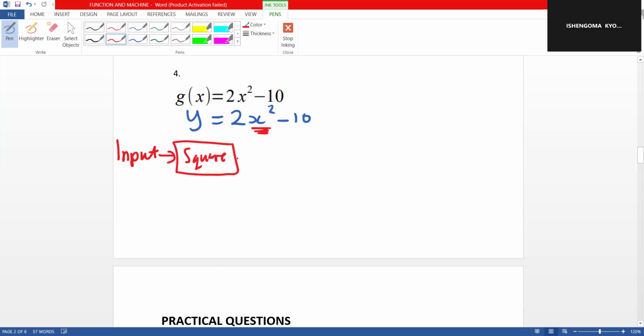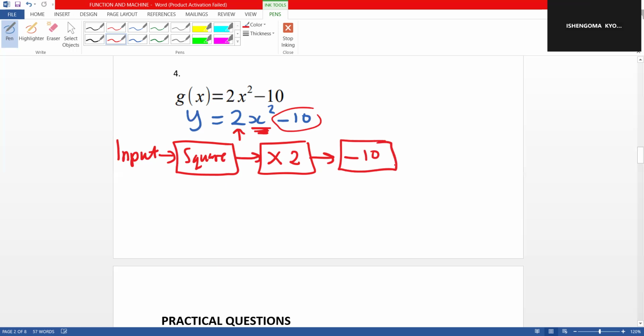Then after squaring, the next part is to multiply by 2. Then after multiplying by 2, the last act is to subtract 10. After doing that, we will get our output. So this is what we call a function machine.